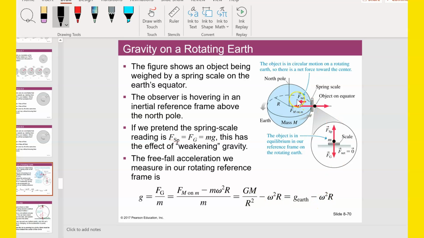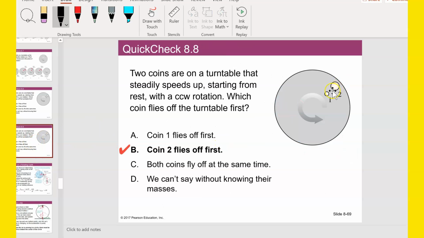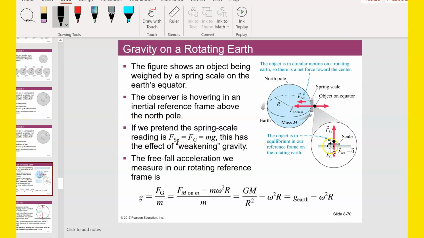So, in other words, it's kind of like the coin on the table. If the coin is farther from the center of rotation, then it's going to have a greater force needed to keep it going in that circle. So in other words, you're going faster around, right?